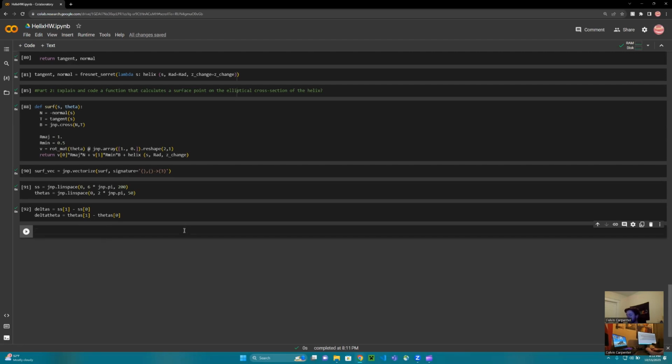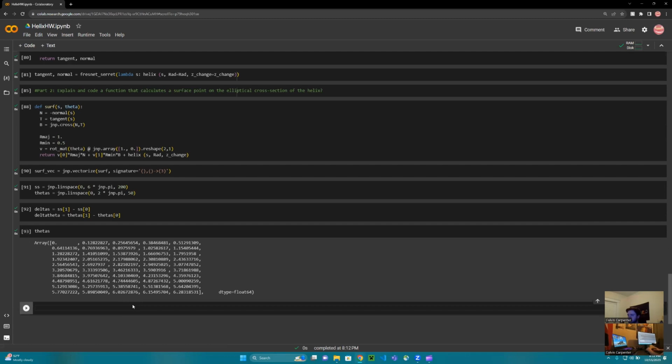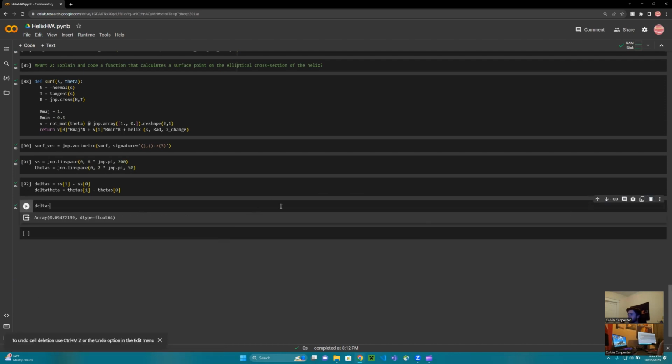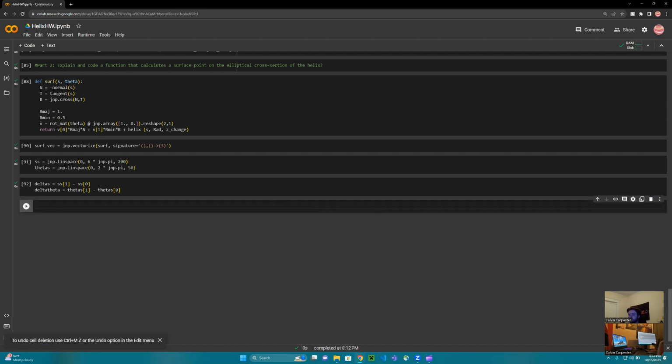Okay, now if we shift around some thetas and delta S, we'll see we've developed an array for both of these outputs. So now we have to establish the points that are going to be going in our surf equation.